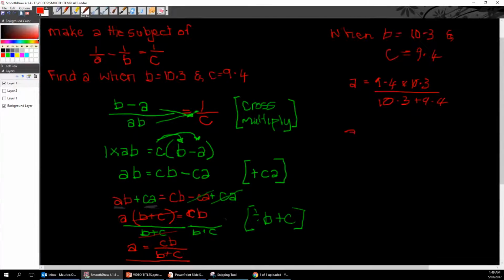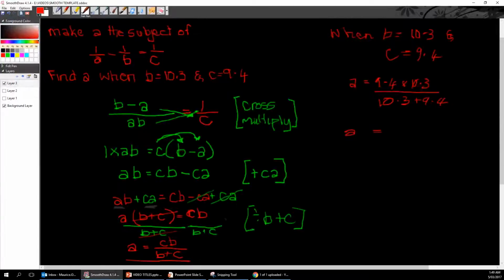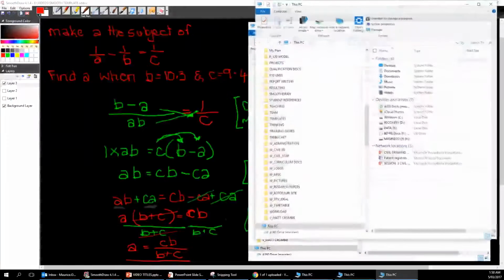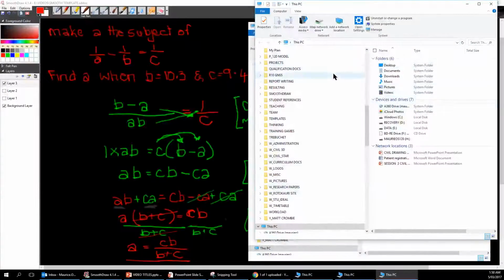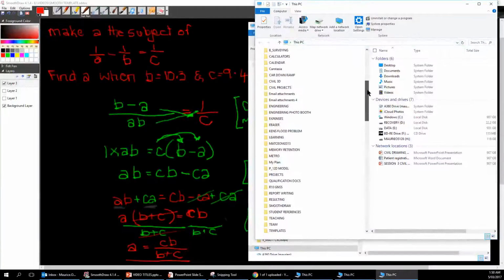So A equals, and we get out our calculator. Oh, where's it gone? Oops. I've got to find my calculator. It seems to have gone. Okay, here. I downloaded this calculator from the internet, so it's just a matter of searching for it.